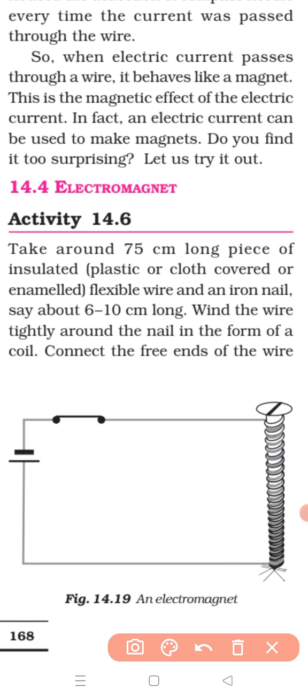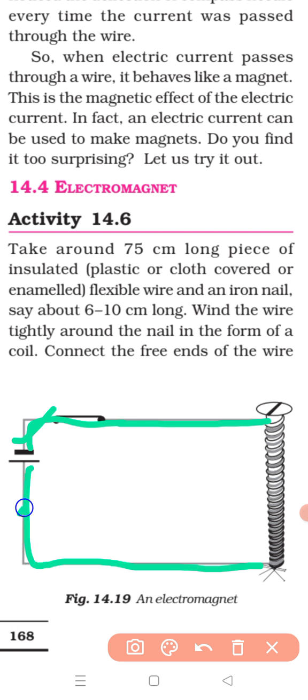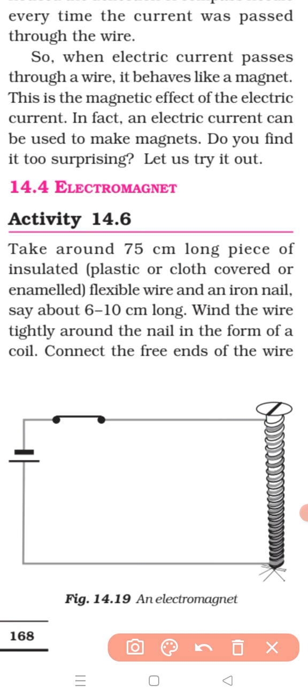When the two ends of the coil are connected to a cell, one end is connected to the negative terminal of the cell through a switch, and the other end of the coil is connected to the positive terminal of the cell.